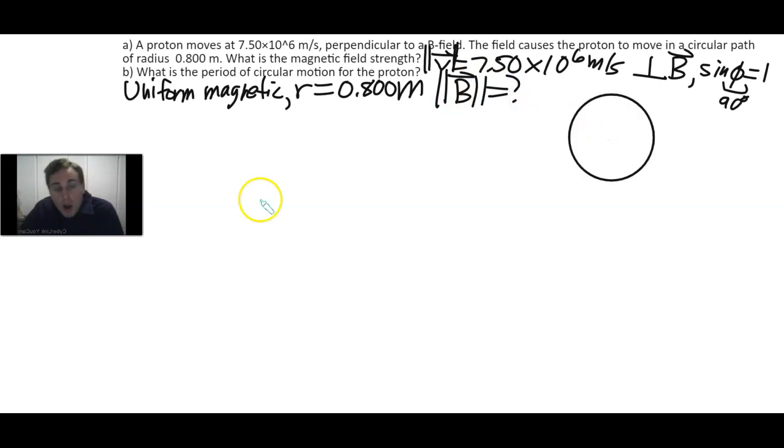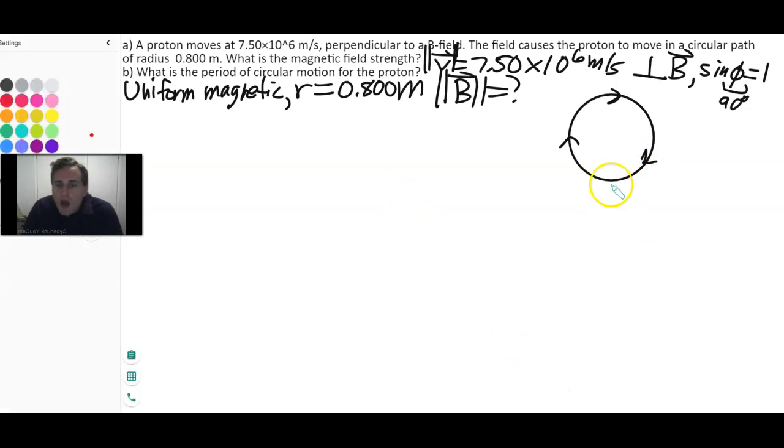If you recall, our basic picture is something like so. Back in the lecture slides, I showed a positively charged particle going counterclockwise, but that's because the magnetic field was into the page. Let's see if we can produce a positively charged particle that's going clockwise. The velocity of this positively charged particle should be tangent to this circle at any point of interest, and that's the direction of qv.